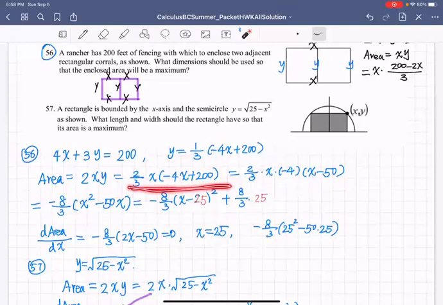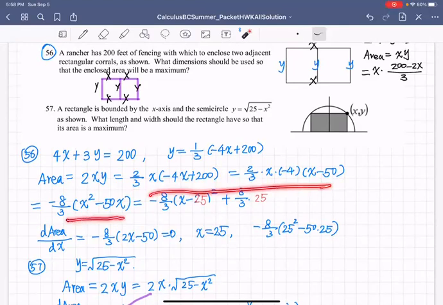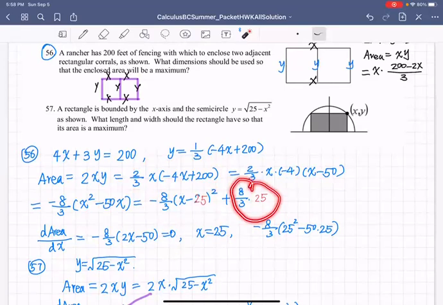And then you see this is a quadratic function, easy. You can do completing the square to get your maximum. So your maximum is this, which says that when your x is 25, your area will be the maximum, which is this.